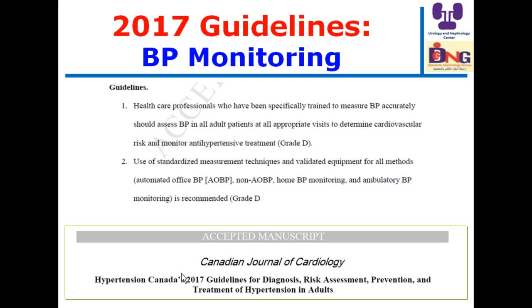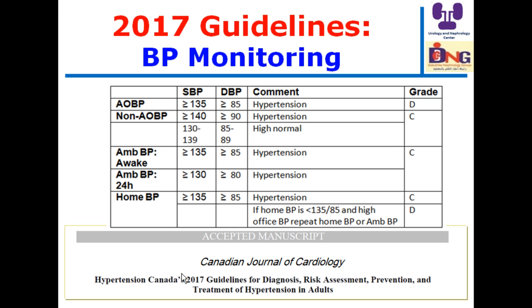And when we use any measurement technique, we should know the limitations and the definition of hypertension based on the method of measurement. So if we use automated office blood pressure, the cutoff point for the definition of hypertension is systolic equal to or exceeding 135, diastolic equal to or exceeding 85.